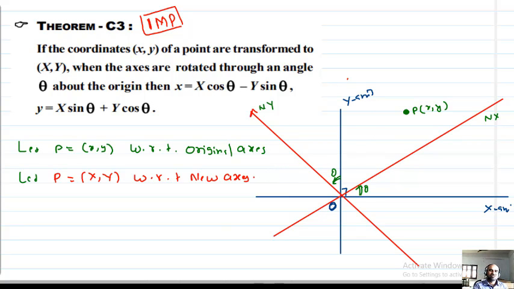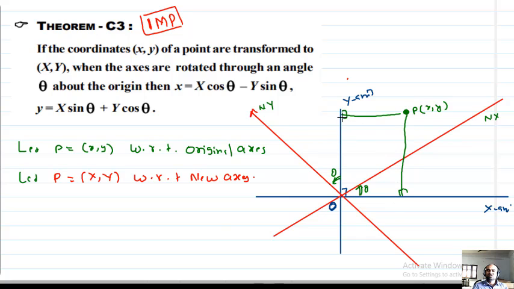Students, listen. The important thing is, from here if we draw a perpendicular on the old x-axis, the length of this line segment is mod y1. Drawing the perpendicular here, this length is mod x1.